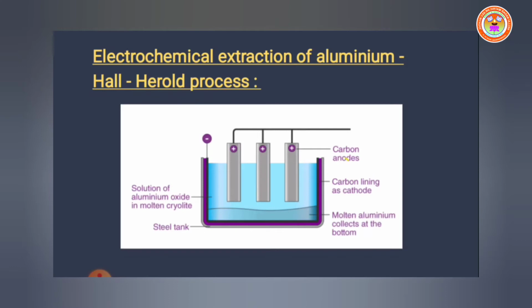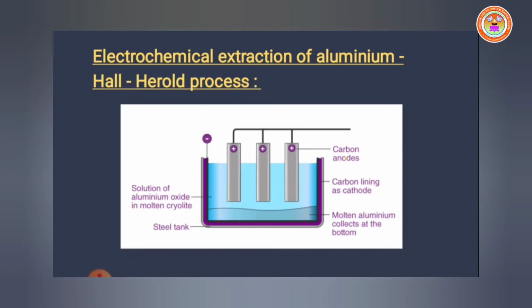Here the molten cryolite is added to the 20% solution of alumina to lower the melting point of alumina and to increase its electrical conductivity. So the purpose of adding molten cryolite is to reduce the melting point of the alumina and to increase its electrical conductivity.